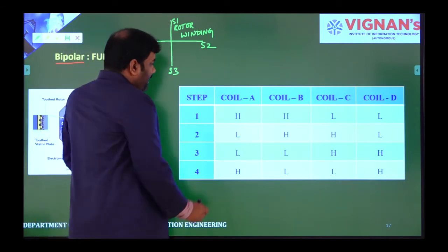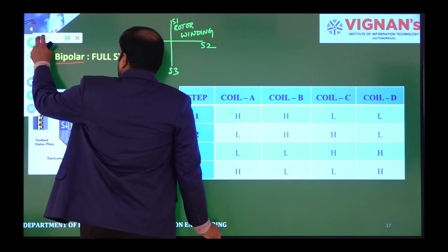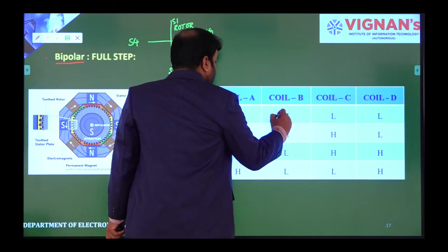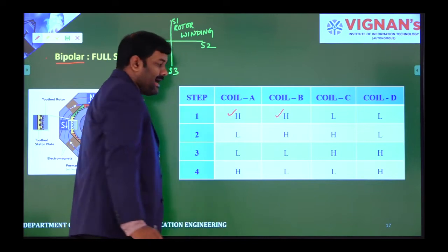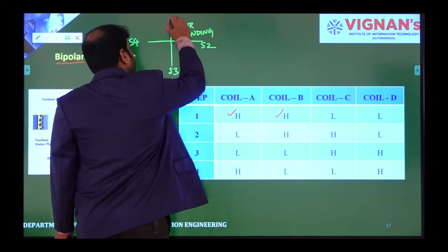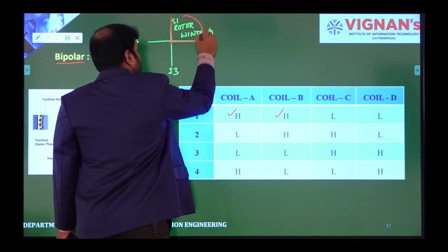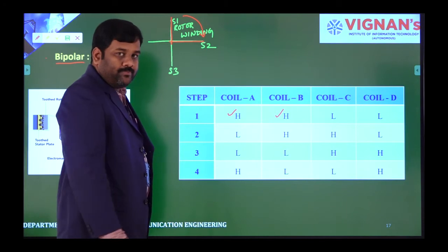If I apply coil A as high and coil B is also high, if I apply both in high, then obviously it will directly turn from S1 to S2.